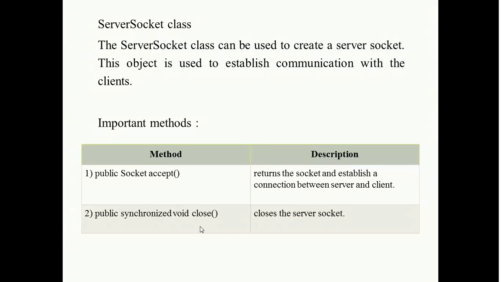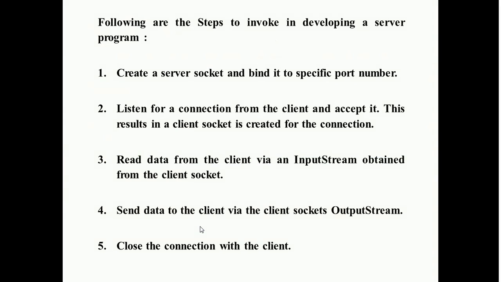First is the accept method and second is the close method. The public Socket accept method returns the socket and establishes a connection between the server and client. The second method is public synchronized void close. The close method is used to close the server socket. So these two are the methods of the ServerSocket class.